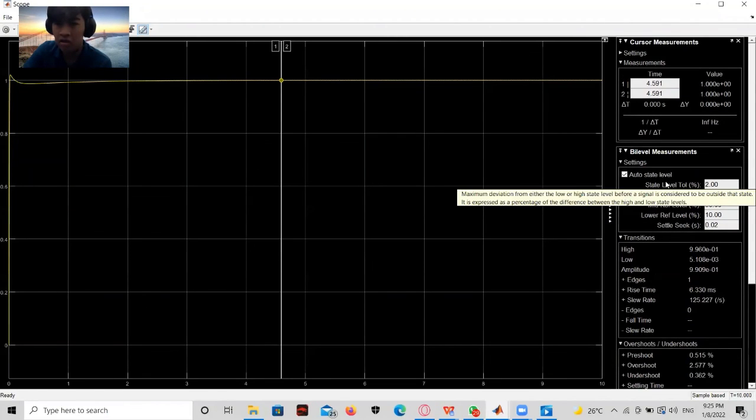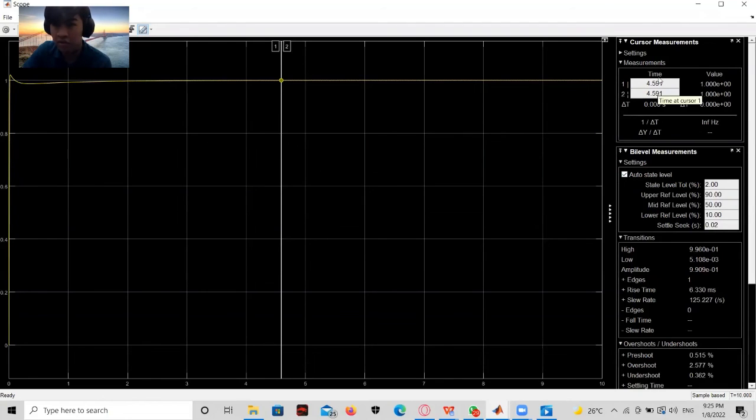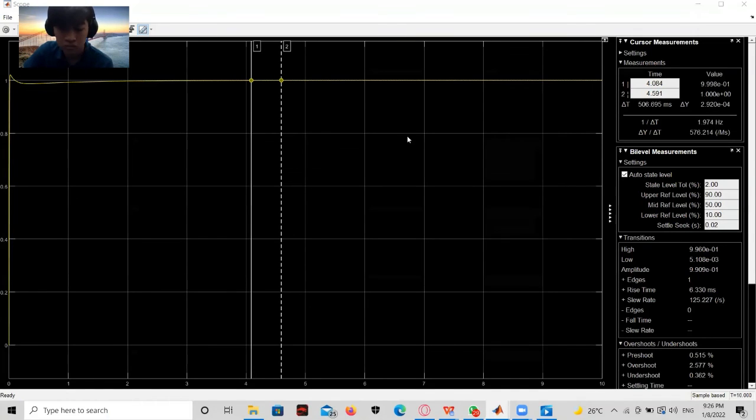I already achieved the requirement of settling time below 5 seconds by getting 4.591 seconds. The steady state error is 0% because the y-axis has reached 1. So the steady state error is 1 minus 1 times 100%, equal to 0.